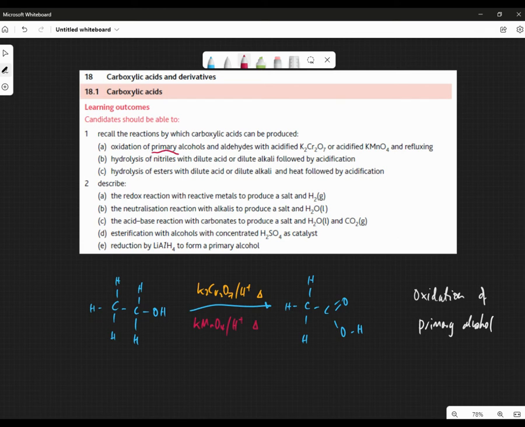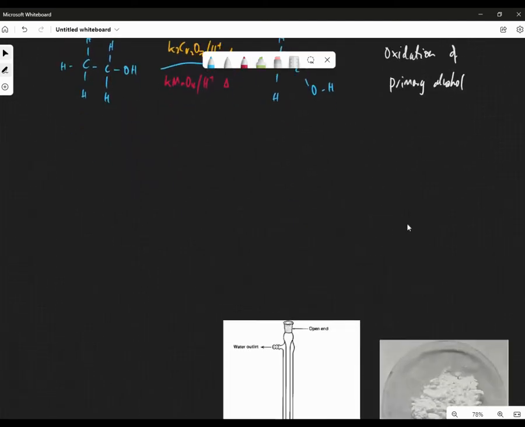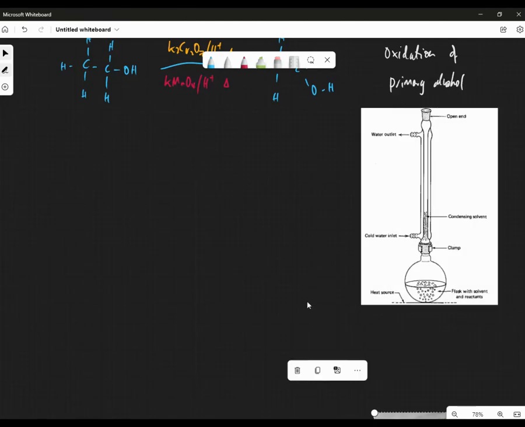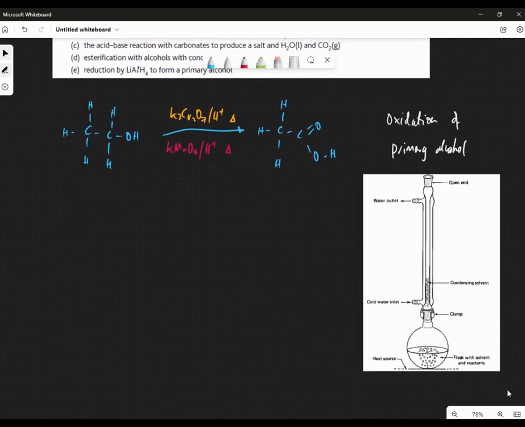So we don't want to stop midway through at the aldehyde, so we use reflux for this. Okay, so let me get my reflux apparatus. There it is. Okay, so we're going to reflux this. The reason we reflux this is because we want to go all the way from the primary alcohol past the aldehyde stage, and then from the aldehyde to the carboxylic acid stage.